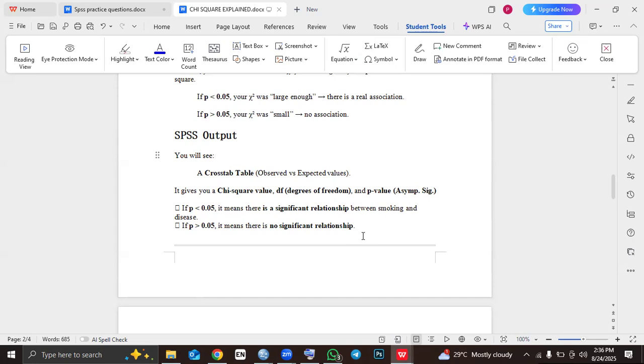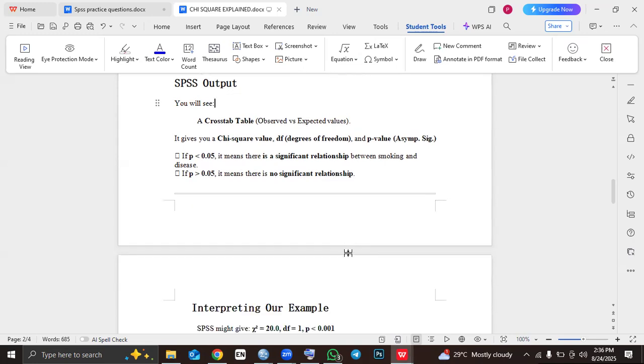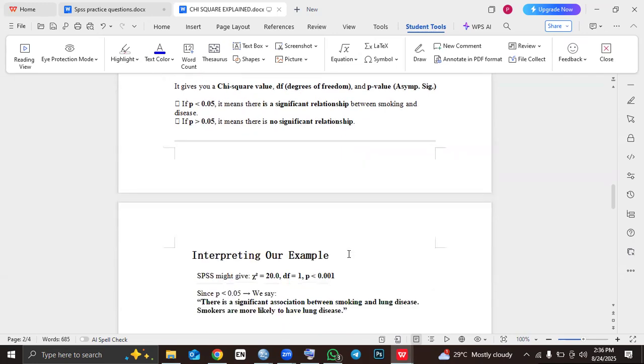If the p-value, however, is greater than 0.05, then it means that there's no significant relationship. Hence, there's no association between the two variables. Good. Moving on.